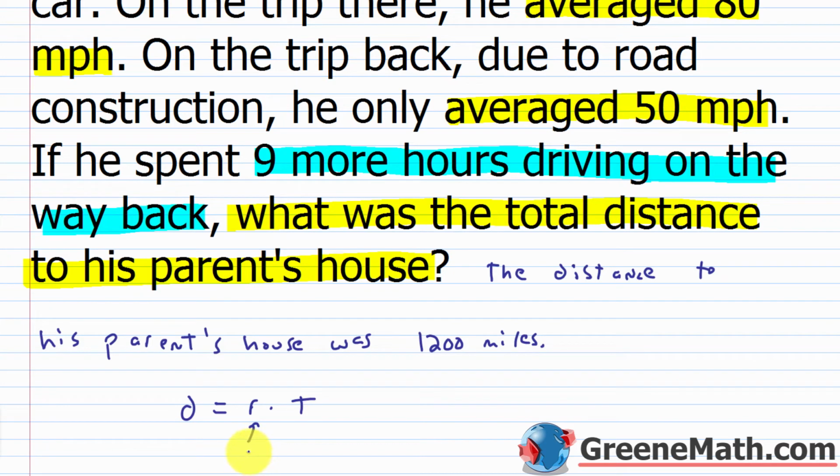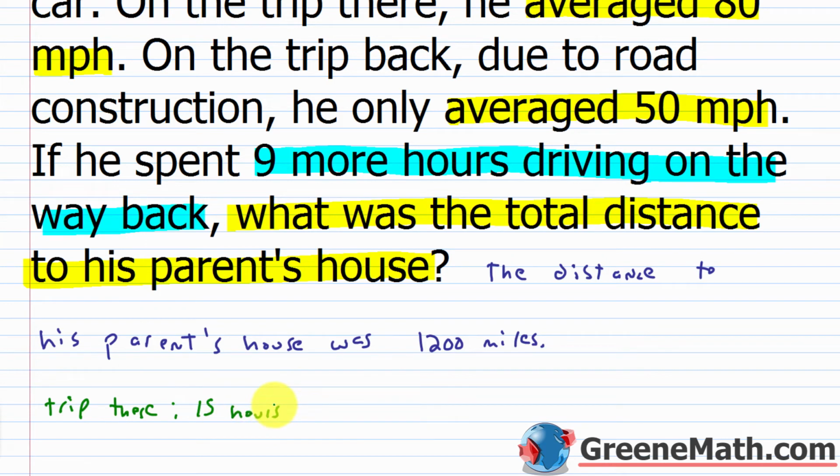So if the rate is 80 and the distance is 1,200, to calculate the time, I would divide the distance by the rate. So what is 1,200 divided by 80? Well, it's going to give us 15. So the amount of time for the trip there was 15 hours. Let's just notate that. For the trip there, it was 15 hours.